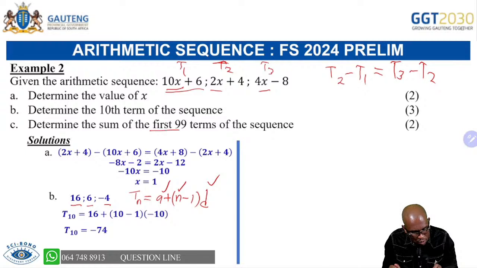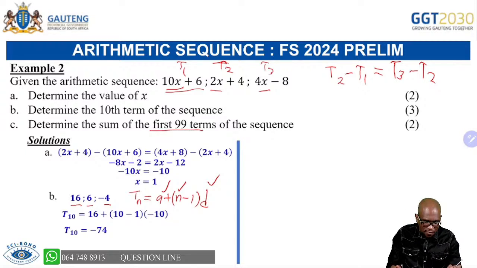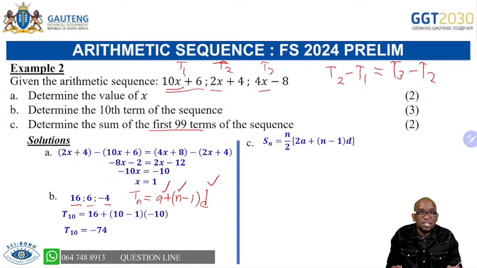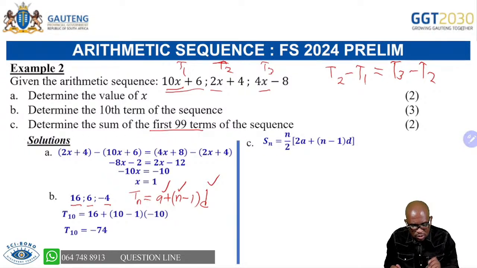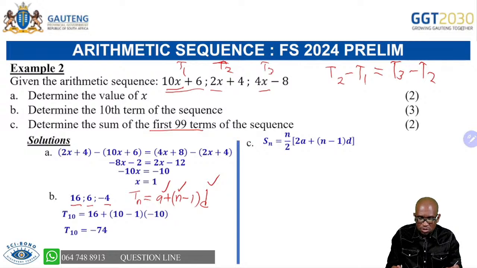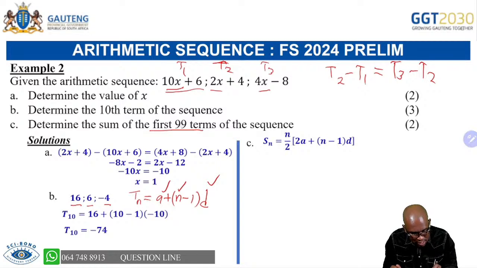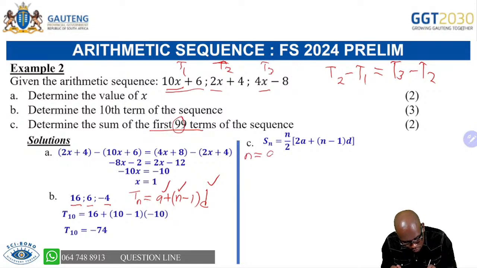Now the last one, they want us to work out the sum of the first 99 terms of the sequence. The sum to n terms of an arithmetic sequence is given by n over 2 into 2a plus n minus 1 d. It's there in the formula sheet. Because we're looking for the sum to the first 99, where we see n, we put 99. Where we see a, we know a is 16.